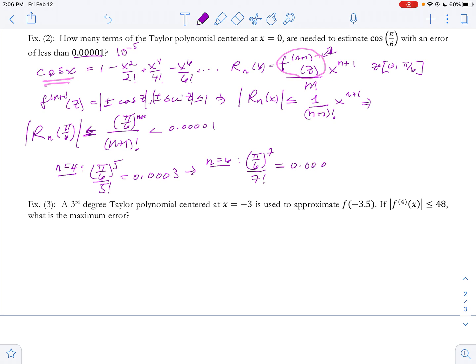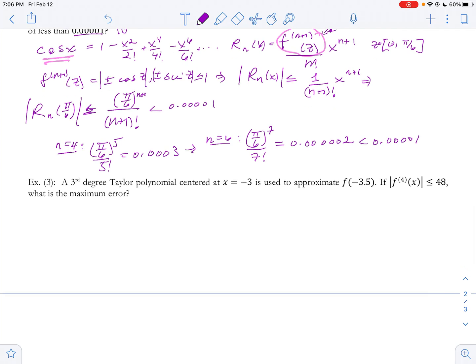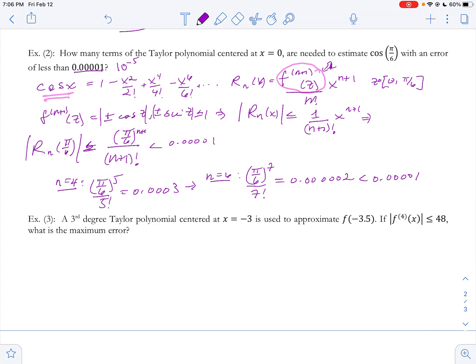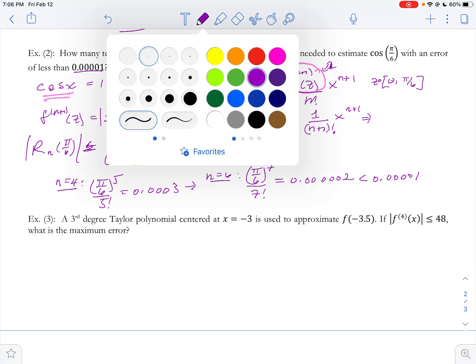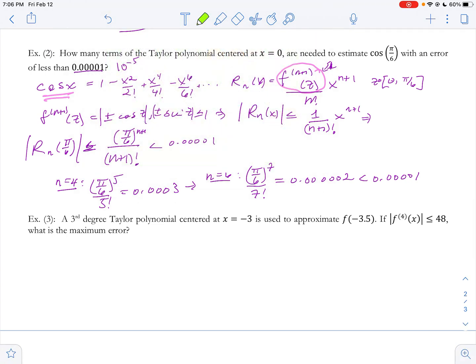Yay! So that is definitely less than 0.12341. Wait, 1, 2, 3, yeah, okay. So, therefore, what we need is to go out. Actually, we wrote the right polynomial because we needed to go out to the 6th degree. So that's the perfect one.